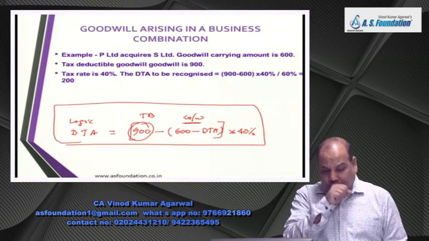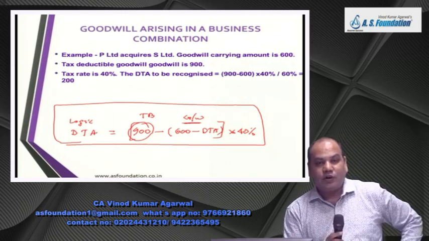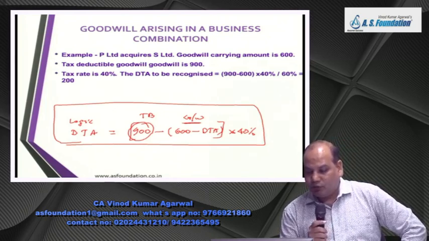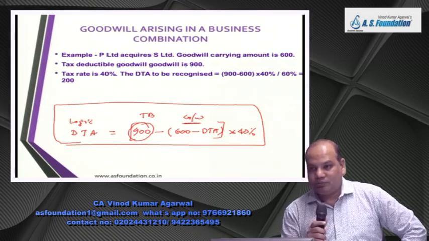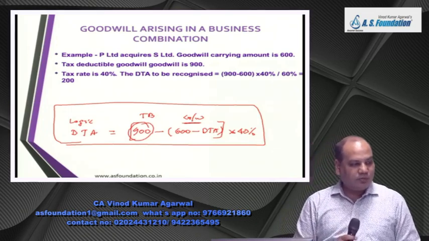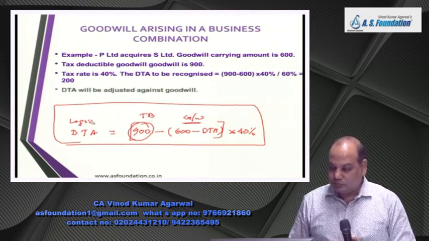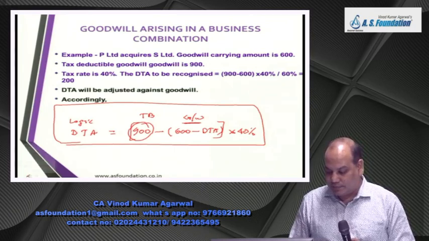In case you are interested in writing this, you can write somewhere: if you are getting difference on debit side and if the tax base of goodwill is different from books of account, then you will first create a DTA and then balancing figure goodwill. DTA will be adjusted against goodwill.